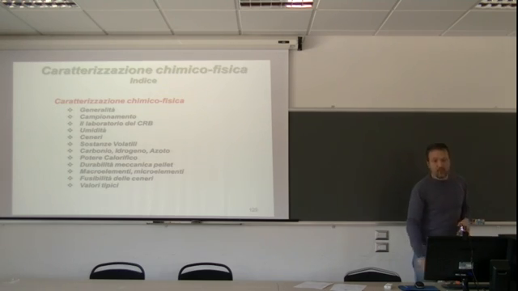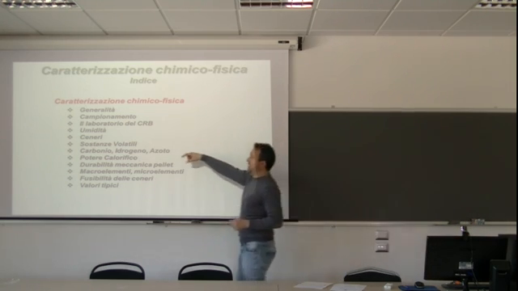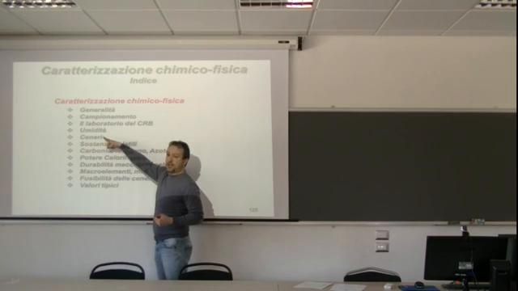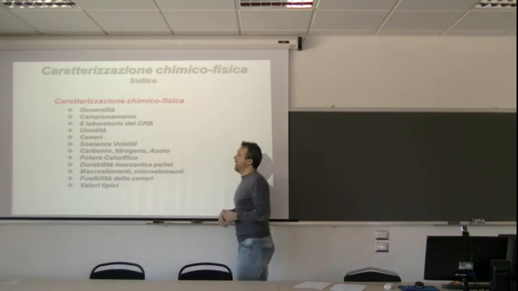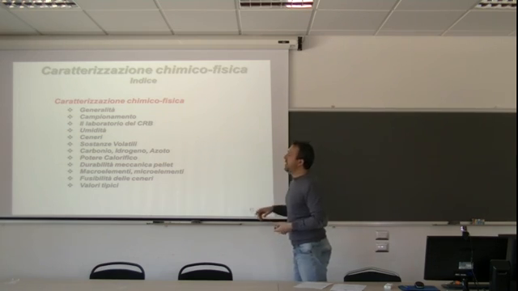So, what are the most important parameters that we use to describe biomass characteristics? Of course, we have just introduced moisture and ashes content, and these are a very important part of biomass.